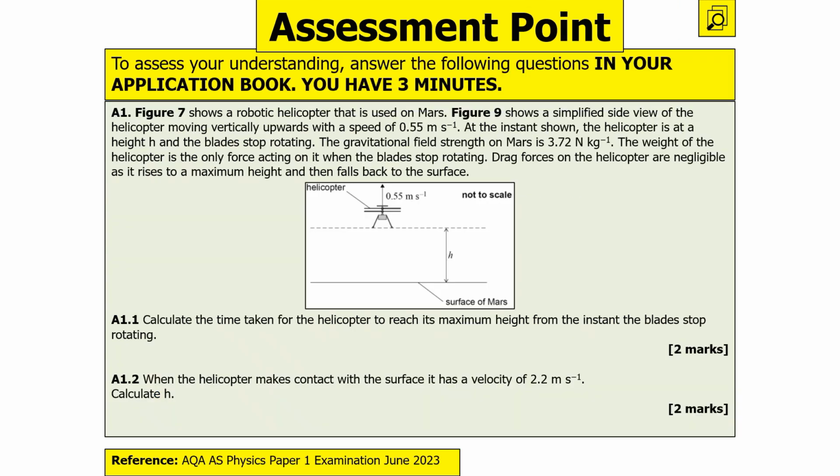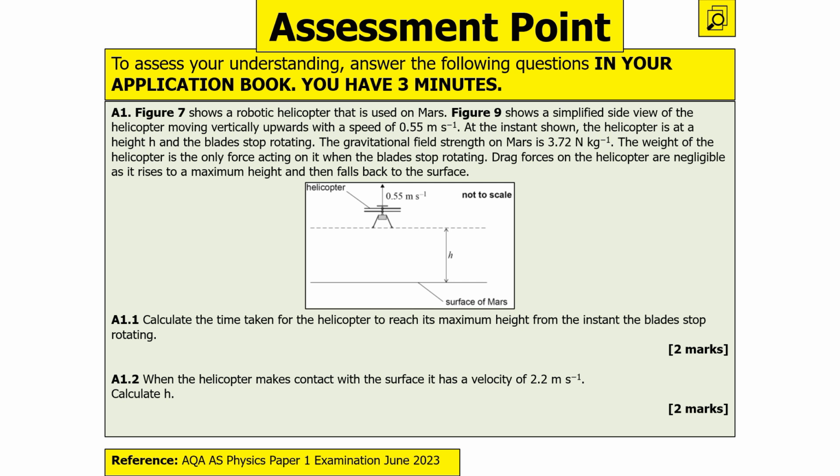Figure 7 shows a robotic helicopter that is used on Mars. Figure 9 shows a simplified side view of the helicopter moving vertically upwards with a speed of 0.55 metres per second. At the instant shown, the helicopter is at a height h and the blades stop rotating. The gravitational field strength of Mars is 3.72 newtons per kilogram. The weight of the helicopter is the only force acting upon it when the blades stop rotating.